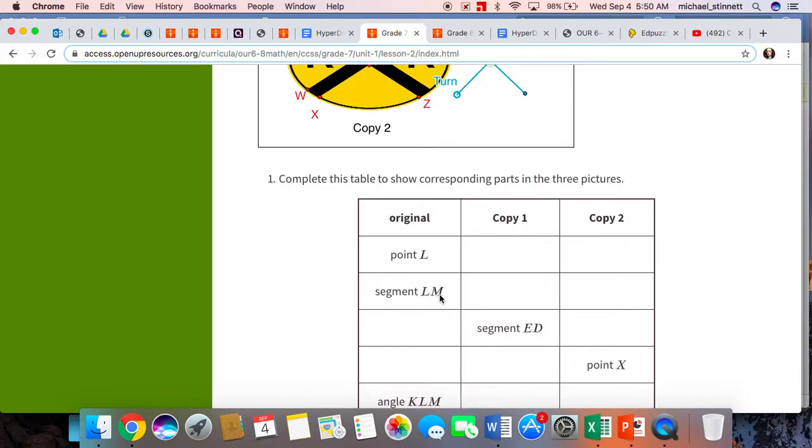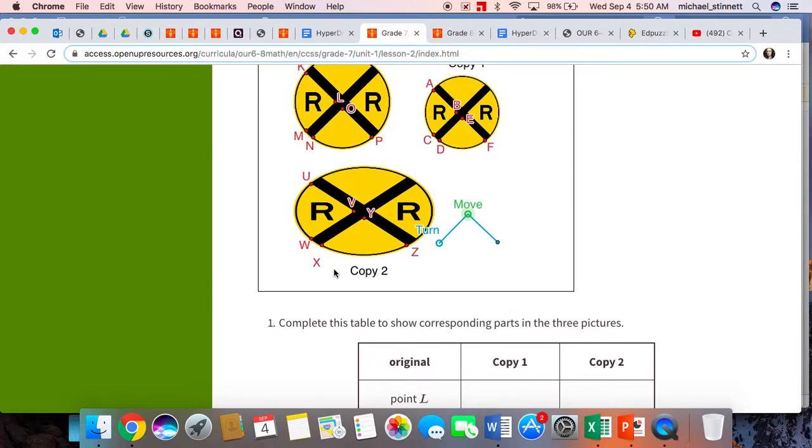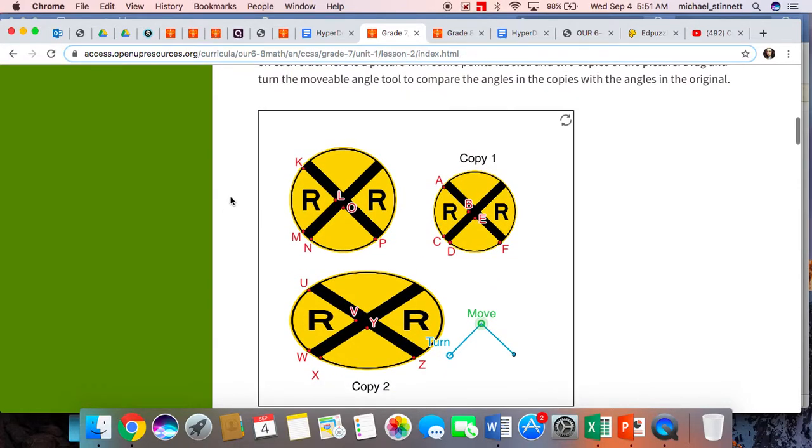Same thing for line segment. And this might be new language for you, that's okay. But a segment is a line. It's just a little piece of a line. And it goes from L to M. We looked at this a little bit. So we're going to go back to our original. And from point L down to point M, this little section of the line is the line segment it's asking about. So where is that in copy 1?